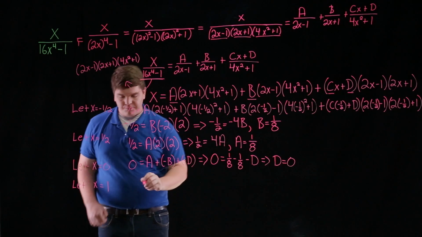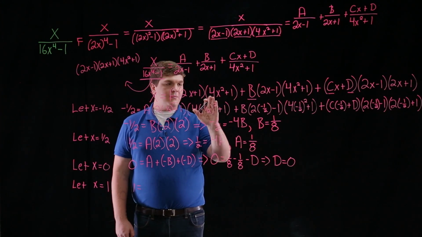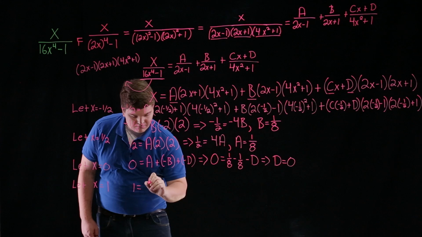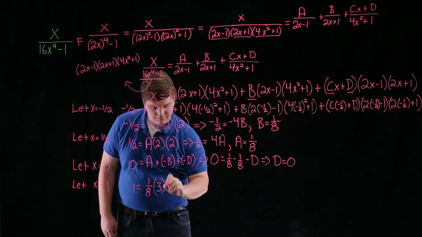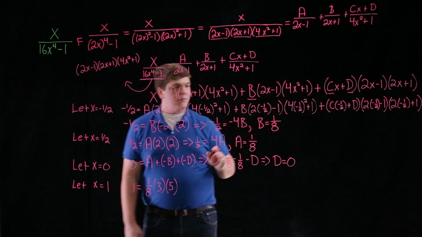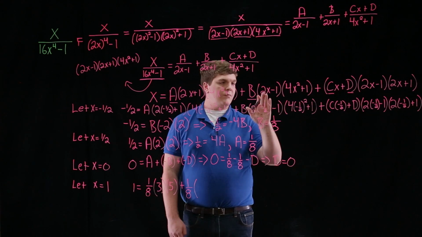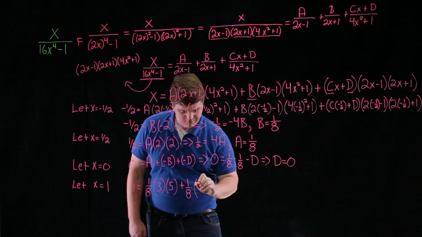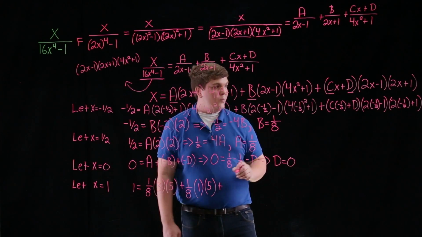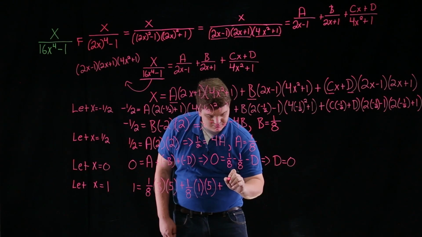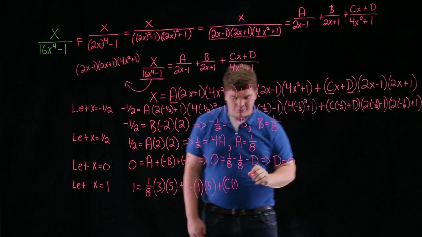So substituting x equals 1, we have 1 is equal to 1/8 times 3 times 5 plus 1/8 times 1 times 5 plus c times 1, and d we said was 0.